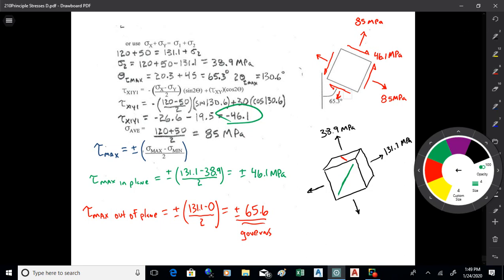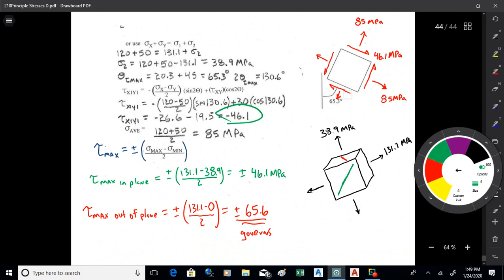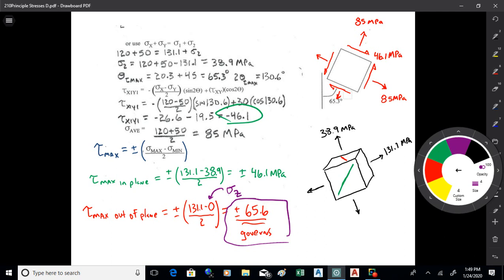But if I look at the out of plane tau max, I'll come back here. It'd be 131.1 minus 0 because sigma z is 0. And what that's going to do is get you a larger shear stress than the in plane. So if you're going to design this thing for shear, that's the number right there. And that's why you got to be careful about this stuff.